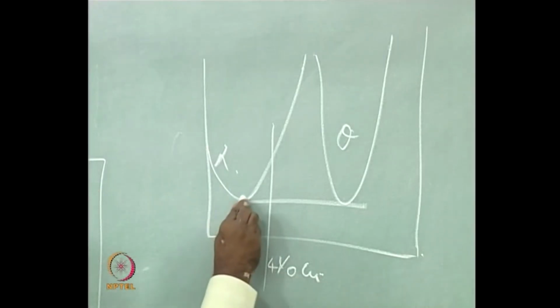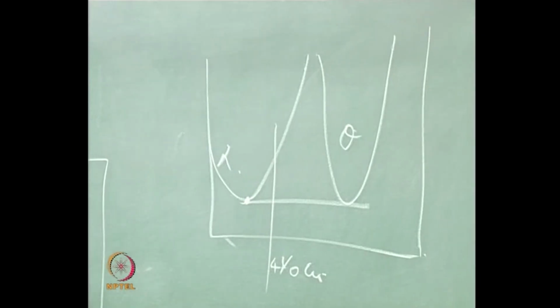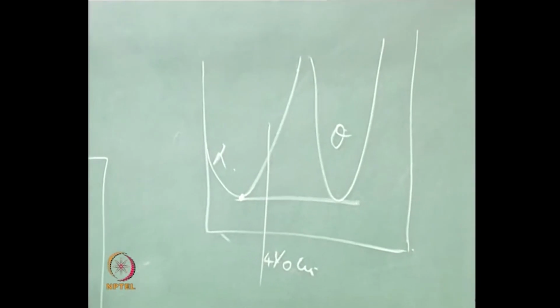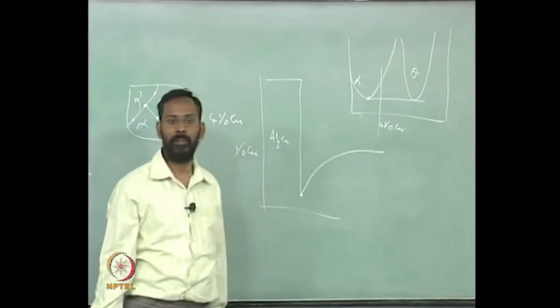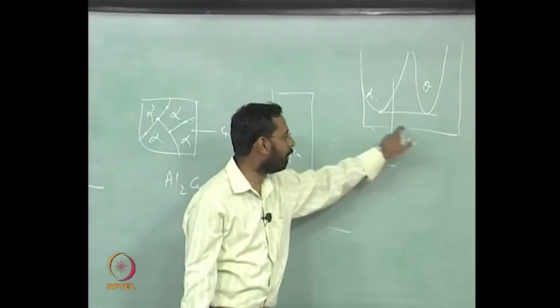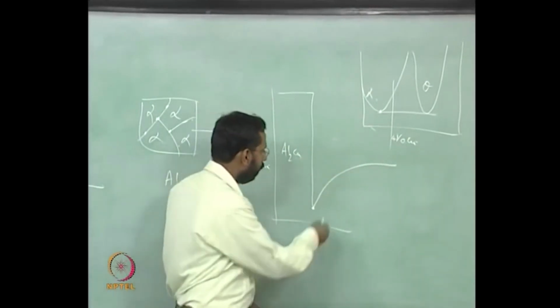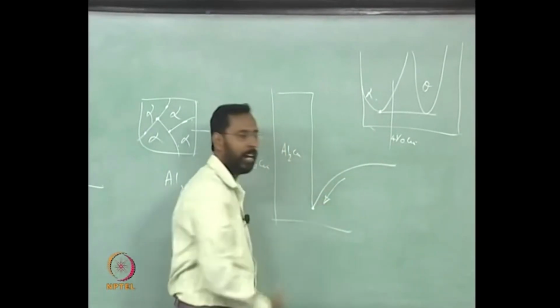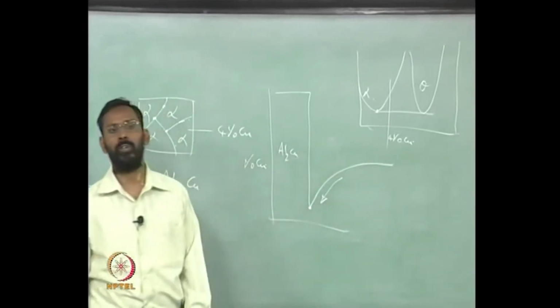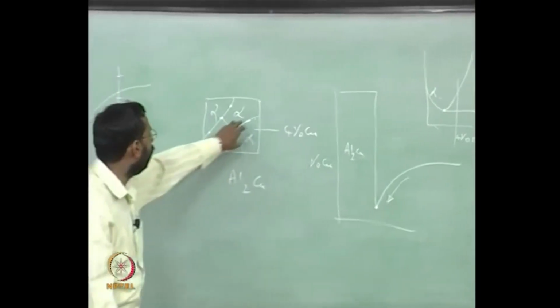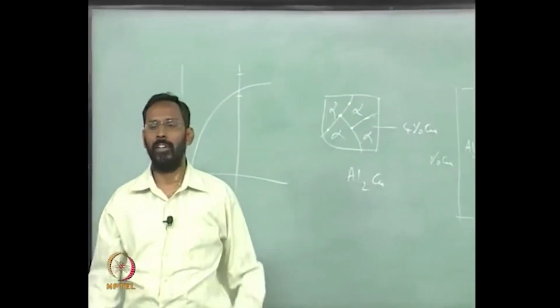This composition is the composition of alpha in equilibrium with the theta phase, the Al2Cu phase, and the composition of alpha far away from the theta phase will be the starting 4% copper. There you see that there is a driving force, there is a gradient for the copper to move towards it, and that will drive the theta phase to grow.